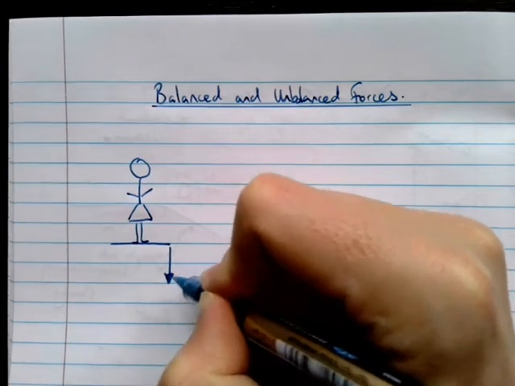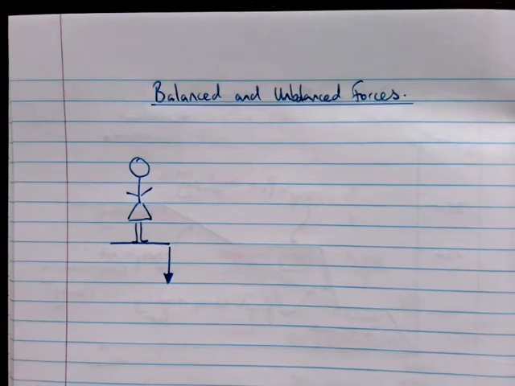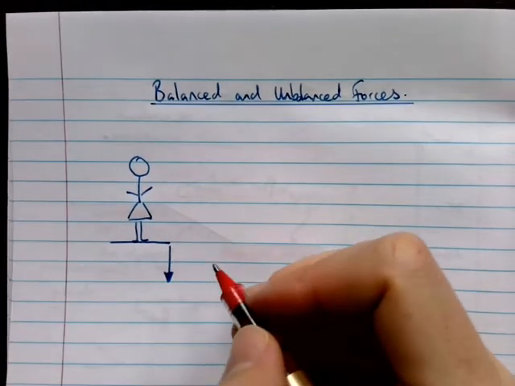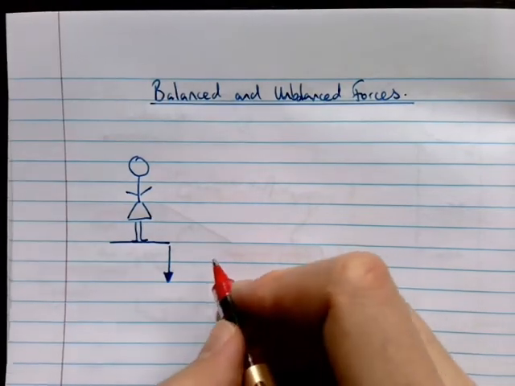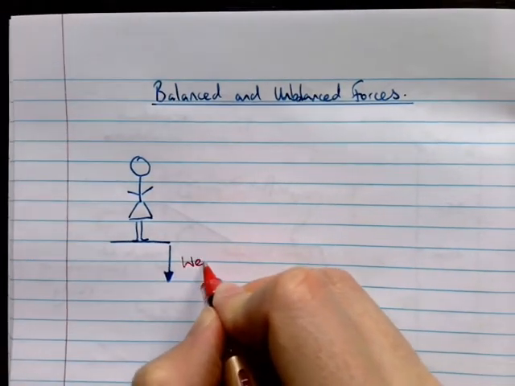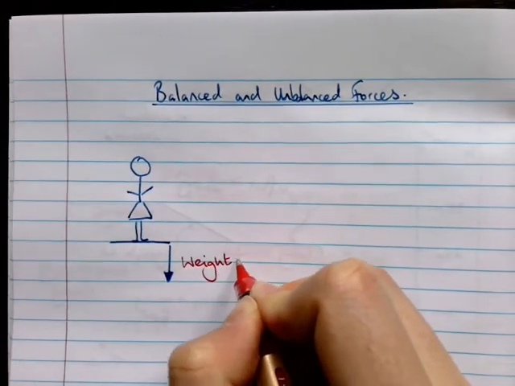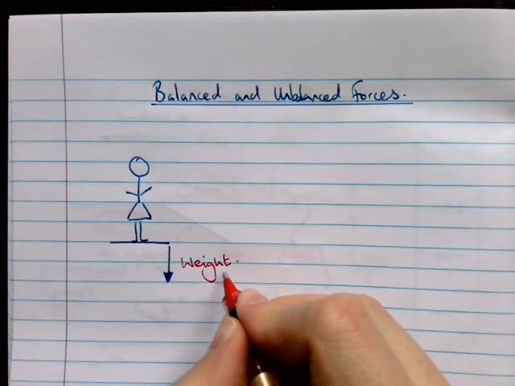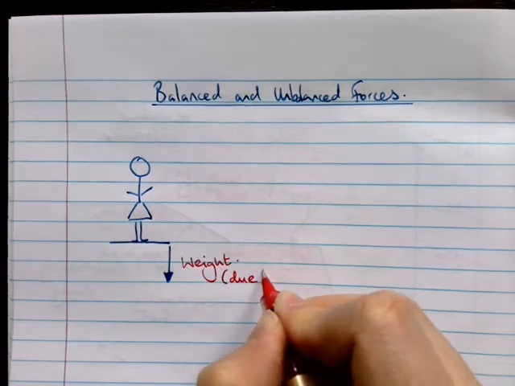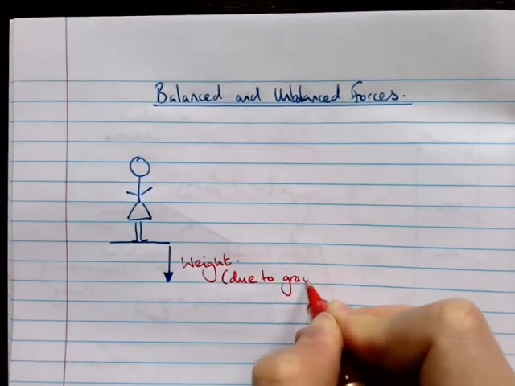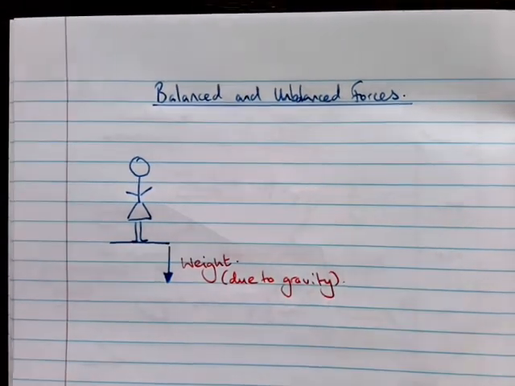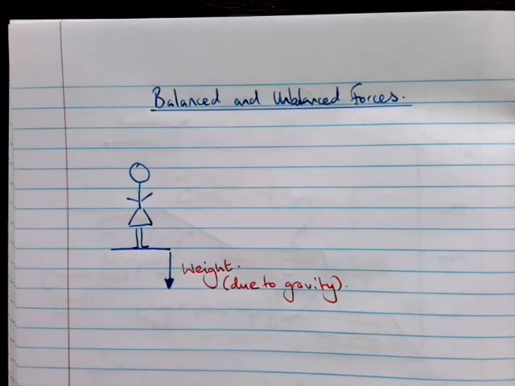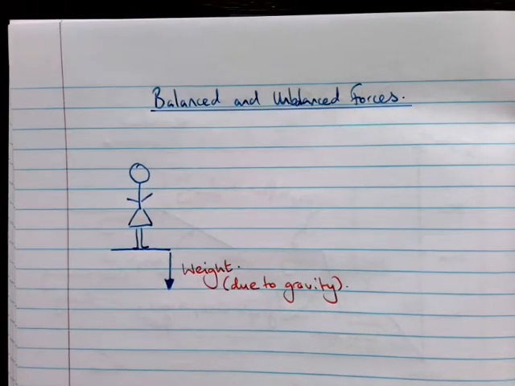That force is known as your weight, and that is caused by gravity. Now, if that was the only force that was happening, then you would fall down through the floor.